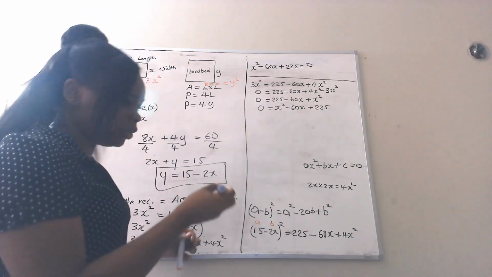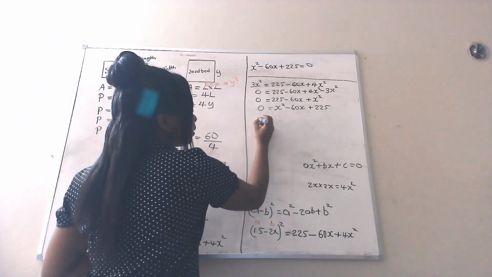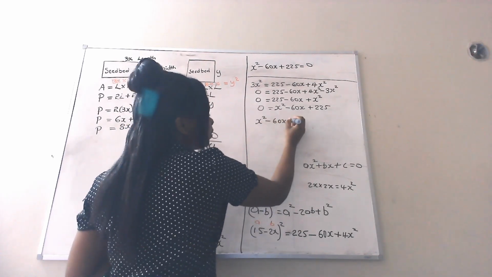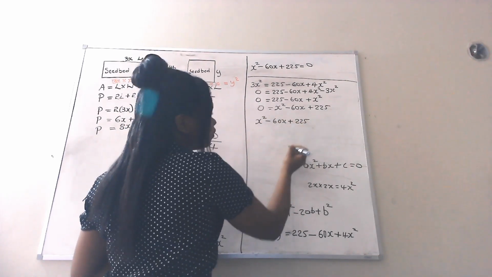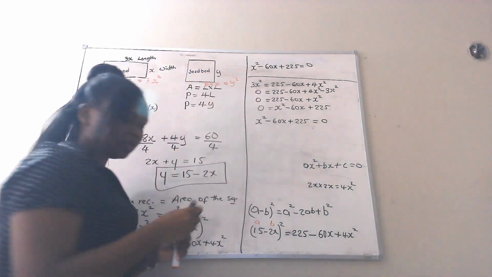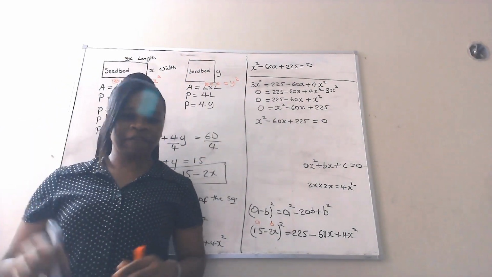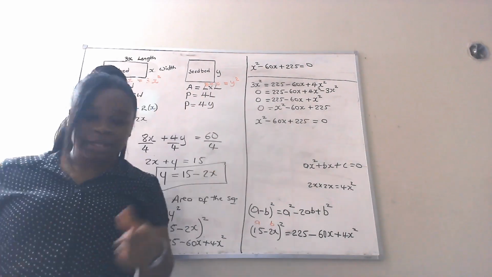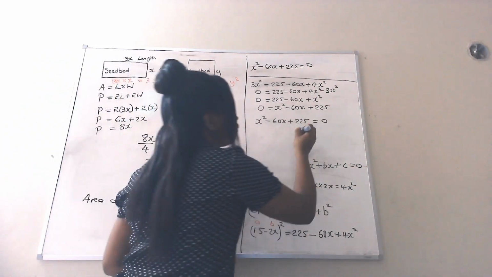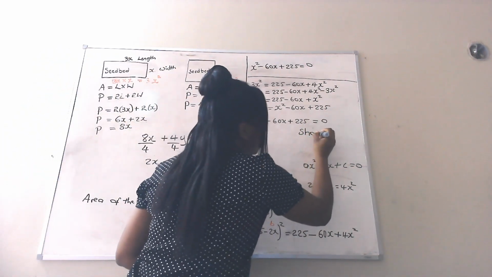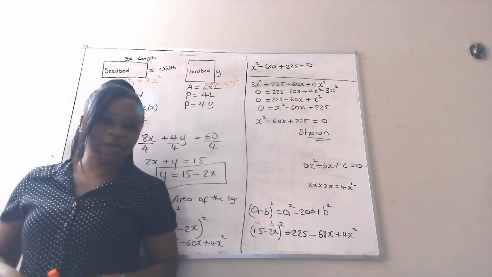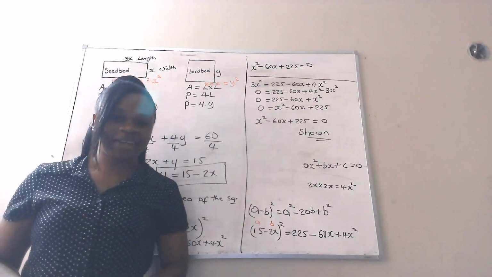So look at what I'm going to do with this equation. I'm going to say x squared minus 60x plus 225 is equal to 0. So all I did was flip it. I didn't bring anything over. And this is what I ended up with. So we have shown or proven that what we've been doing so far, we're on the right track.